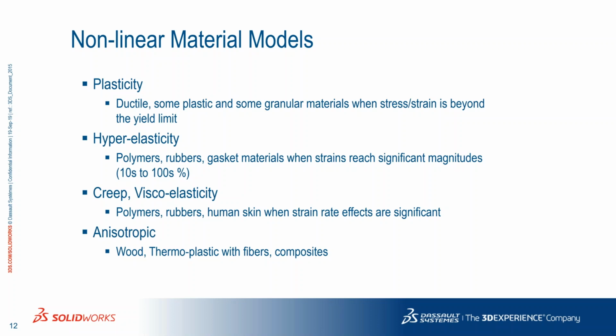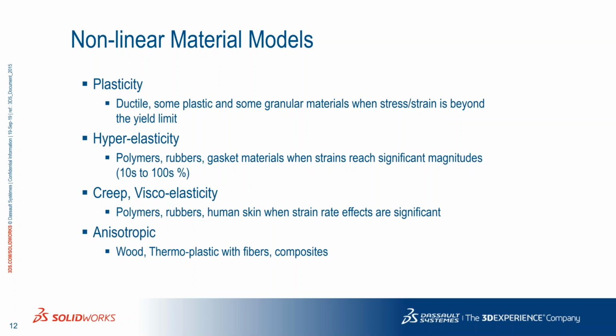Basically, if you remove the force or the load, you will see a permanent deformation of the component. So we need to use a plasticity model here, and we will see something about that in a moment.